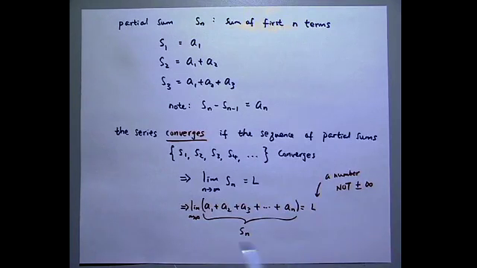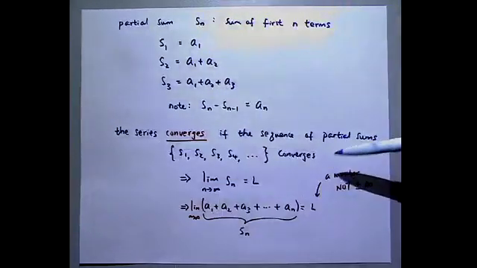So this is saying that when I add all of these terms up, I get a finite number. That's what this first definition tells you.